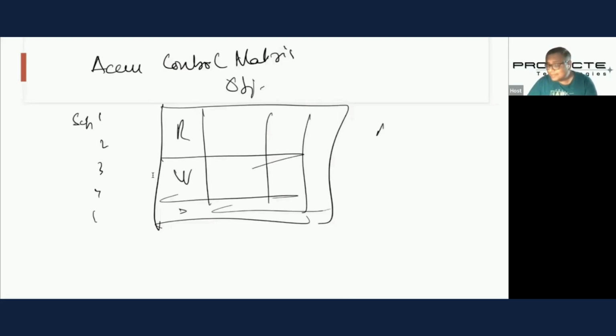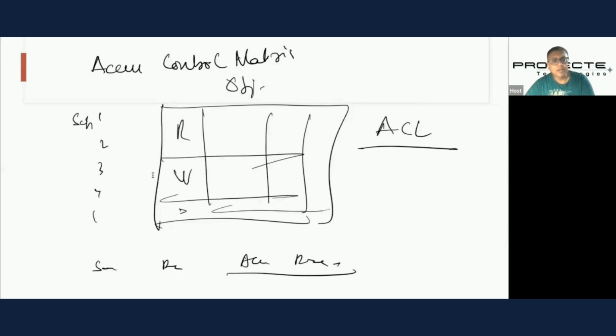This is nothing but an access control list, right? This is how firewalls are generally programmed. So access control matrices are a list of permissions which you give to a particular subject. Source, destination, allow, deny, right? You create a small model. This is called the access control matrix.